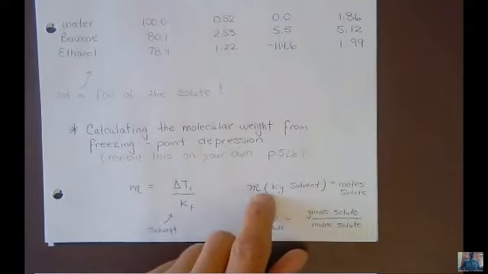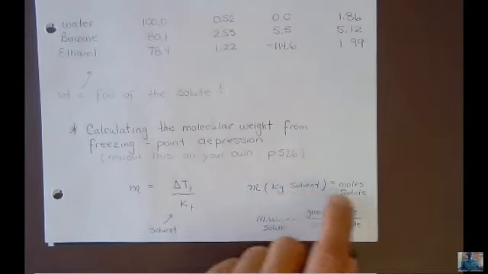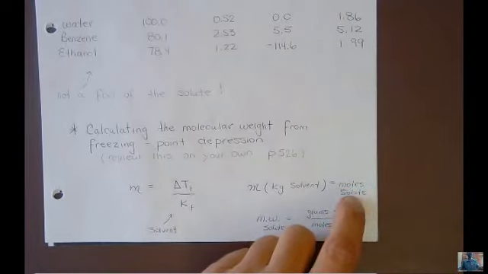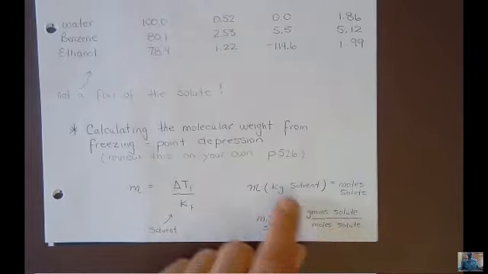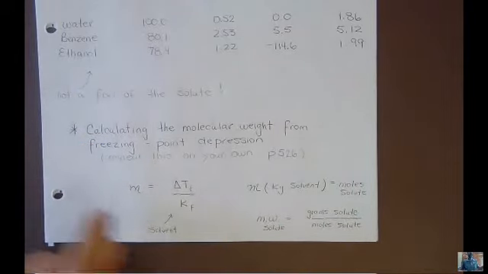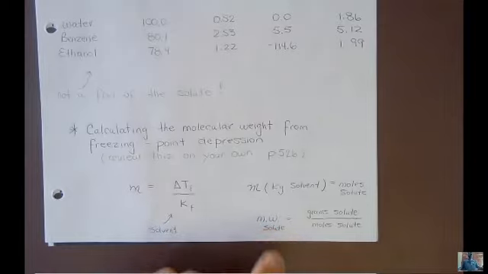Once I know the molality and how many kilograms of solvent I had, I can multiply those two things together to get the moles of the solute. And the last thing I can do with that is if I know the moles of the solute, I can put that in the denominator of this equation. So I can use this technique, freezing point depression, to calculate the molar mass of an unknown solute.